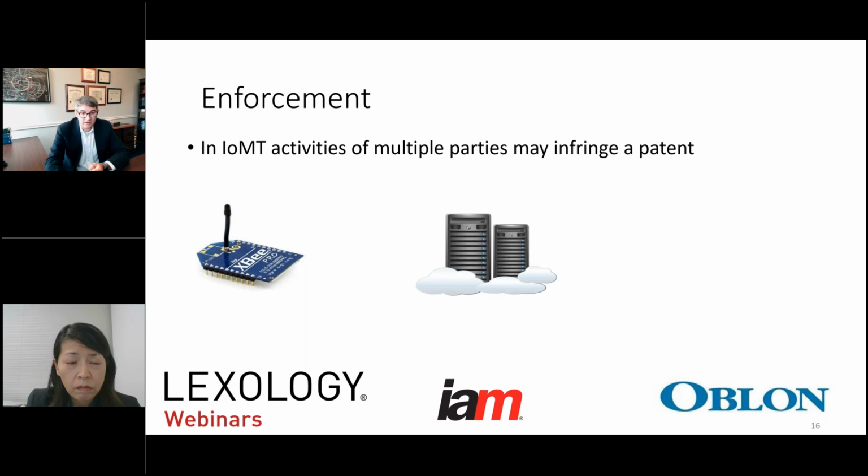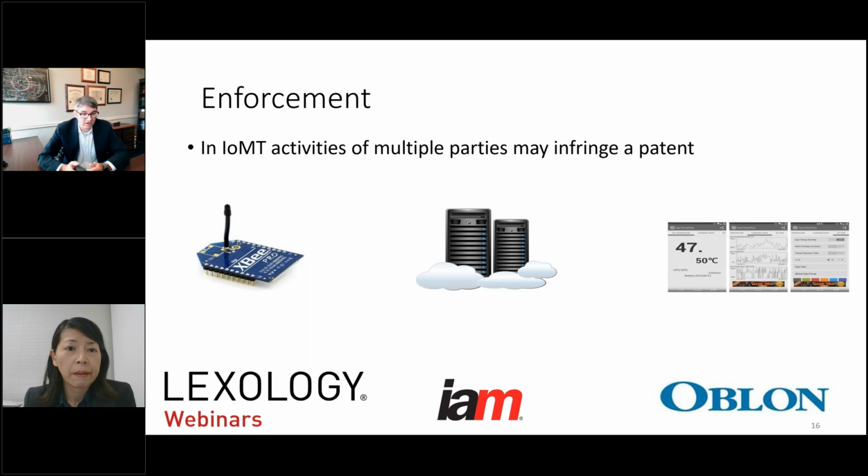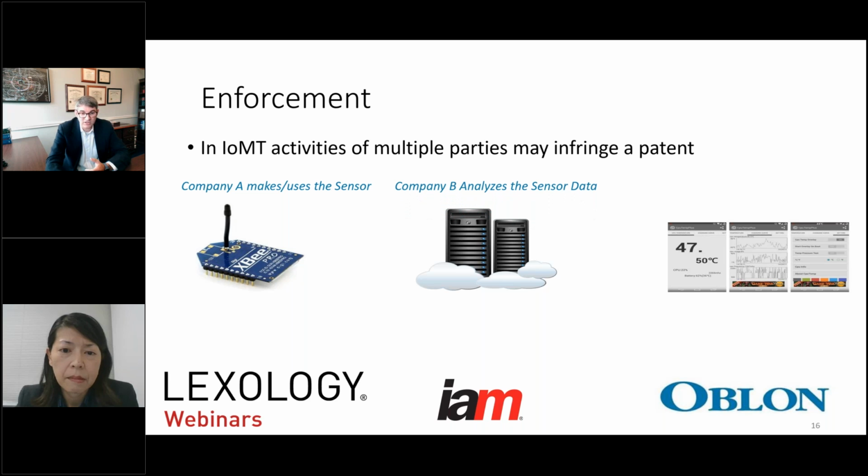We also know that there is probably a server involved somewhere and someone could be running that. And we also know that there's going to be an interface, probably a software interface, and that could even be operated by someone else. So if you think about all these multiple parties and infringement, we could have problems actually enforcing this patent if your patent is written in a way that requires all of these different elements.